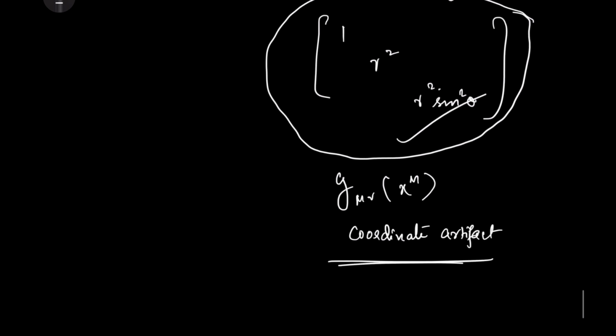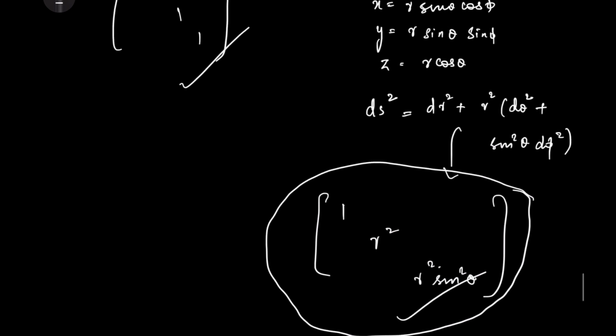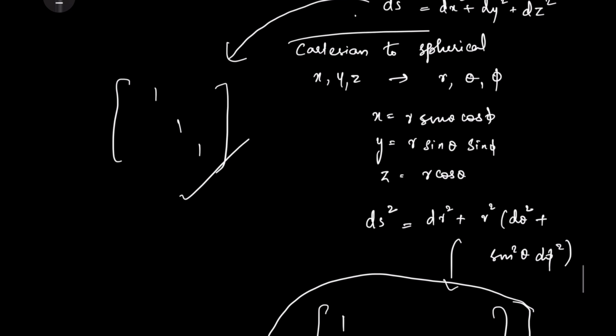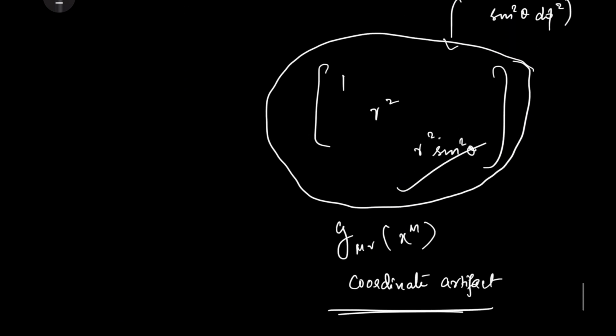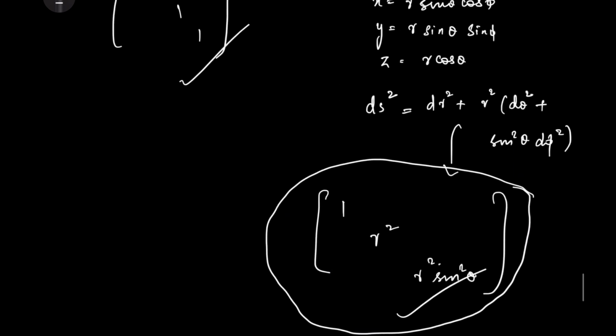Okay, it is still in a flat space. It's not curved space. We have just transformed from Cartesian coordinate to spherical coordinate system. That's it. So from merely looking at the metric, you cannot say whether the given space is a flat space or a Euclidean space. For that, you have to compute the Riemann tensor.